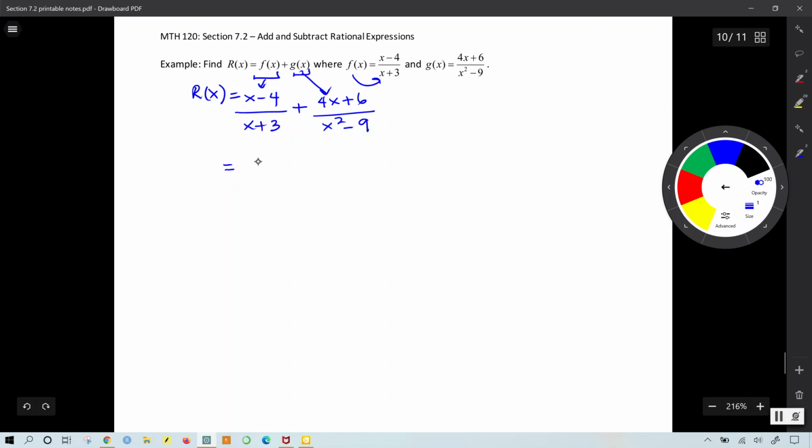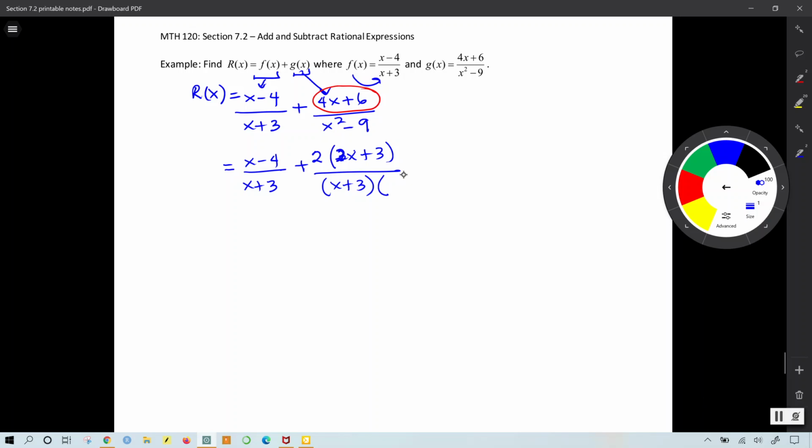And in this case, we have x minus 4 all over x plus 3 plus, we observe that the top expression here can be factored into 2 times x plus 3, divided by the difference of two squares, x squared minus 3 squared, which can be factored into x plus 3 times x minus 3.